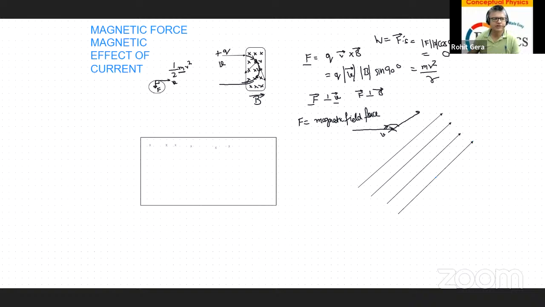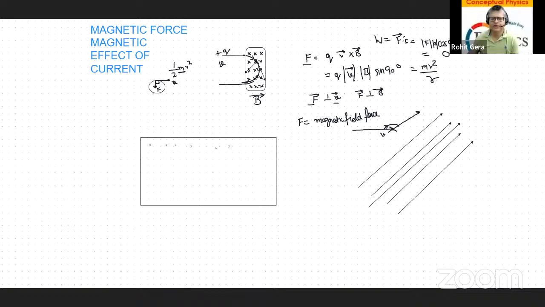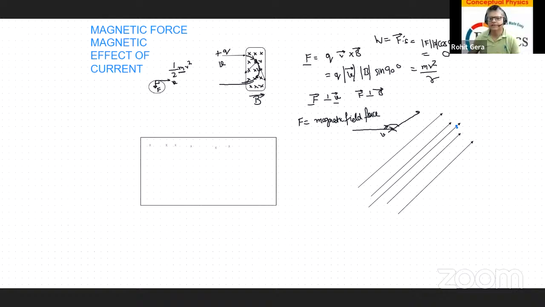Now a charge enters this region, and it enters like this, parallel to the magnetic field. That is the only difference. It is now entering parallel to the magnetic field. So the question is, if a charge enters a magnetic field parallel to the magnetic field, what is the force it experiences?